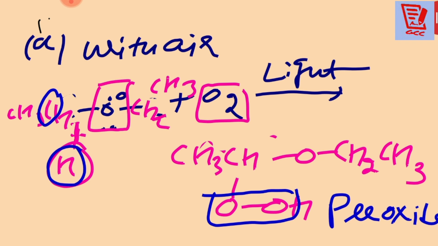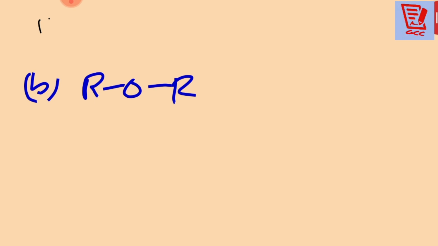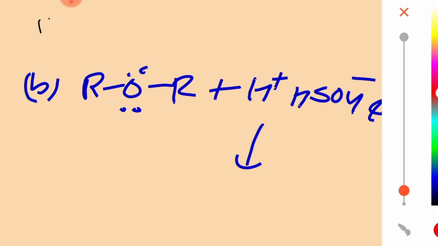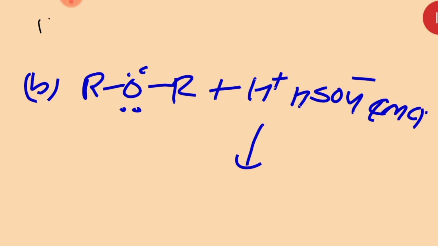Now the same way, we can give its B part also under the ethereal oxygen. We can give one more reaction with the acid. Whenever we are talking about the reaction with the acid, you can take any acid. Suppose ROR I am taking, and I am taking H2SO4, that is H positive and HSO4 negative. It is concentrated H2SO4. Now what is going to happen in this case?